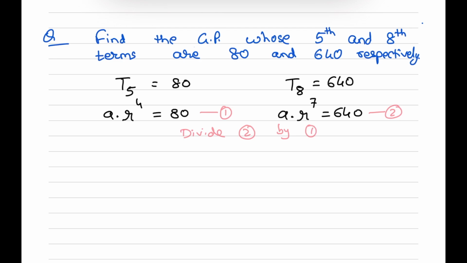So on the left hand side we get a times r raised to 7 divided by a times r raised to 4, and on the right hand side we get 640 divided by 80.